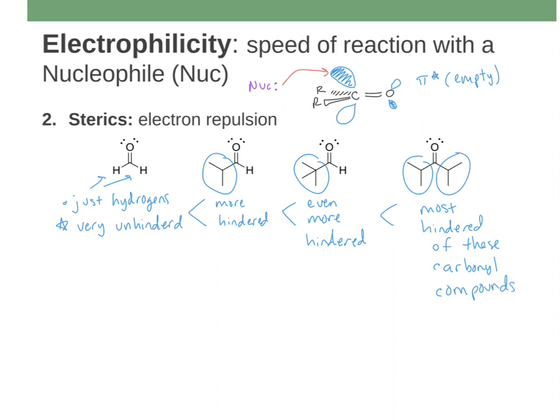And to make sure we're speaking the same language, in terms of electrophilicity or the speed of a reaction with the nucleophile, this would be the slowest, least electrophilic. And this would be the fastest, most electrophilic.